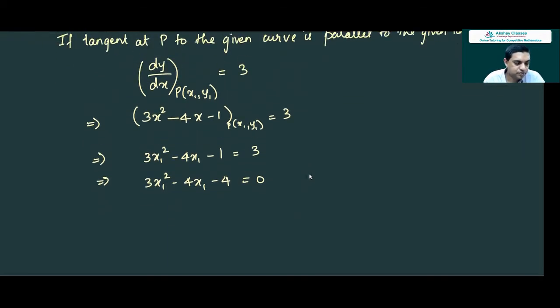Now let us solve this. This is 3 into 4, 12. With 12 as the product, we need the factors to give the sum as -4. The product is -12, so it's the product of the extreme coefficients. So for -12, we get -6 into 2 also gives -12.